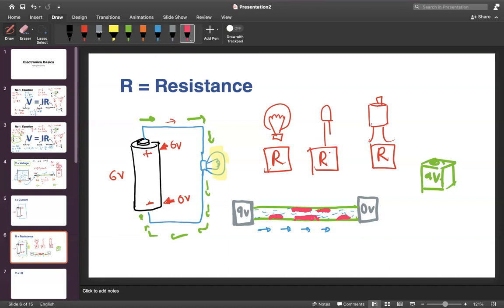Like I have a resistance to do something like this, which means I don't necessarily like to do that. I'm resisting this. Means I try not to do that. That is the meaning of the word resistance, right? So the resistance is also something like that.